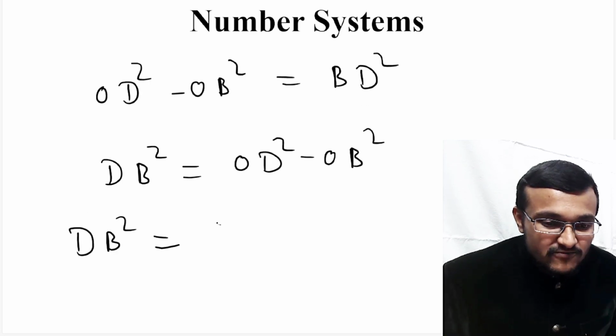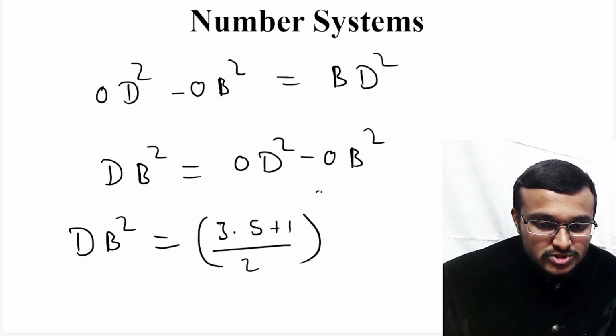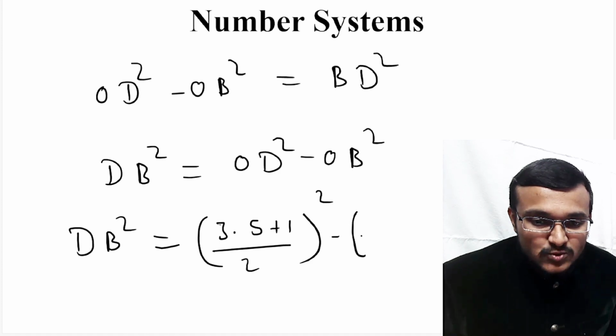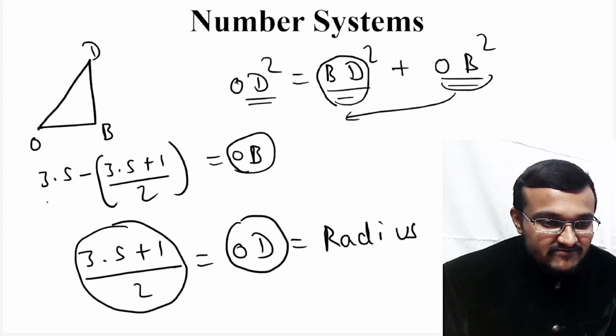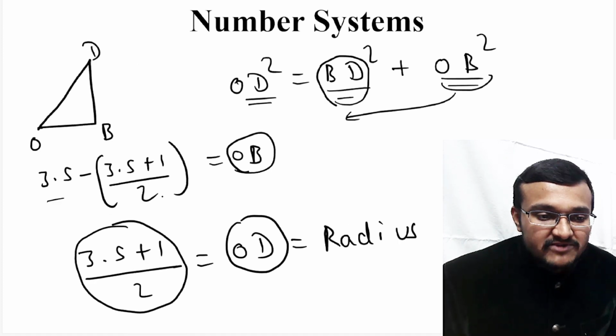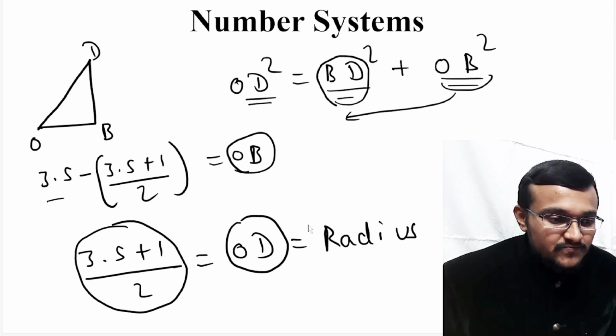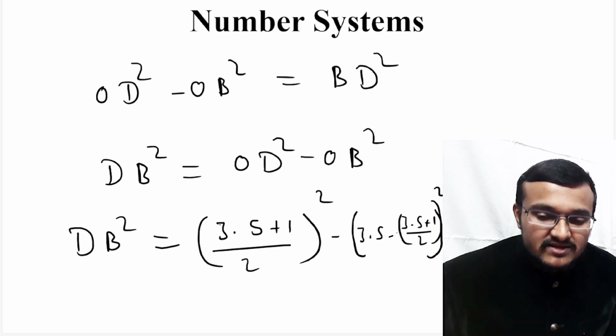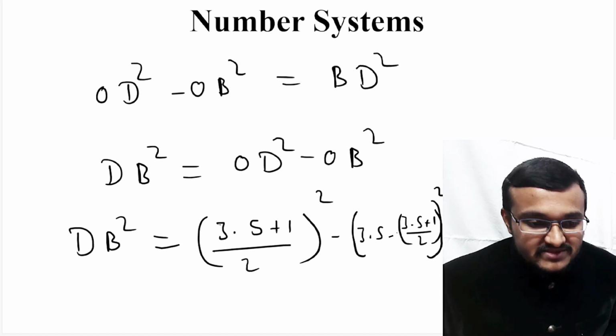So in the place of OD square, you substitute ((3.5 plus 1) divided by 2) whole square, minus OB square. OB square is this value, 3.5 minus (3.5 plus 1) divided by 2, with the bracket and whole square.